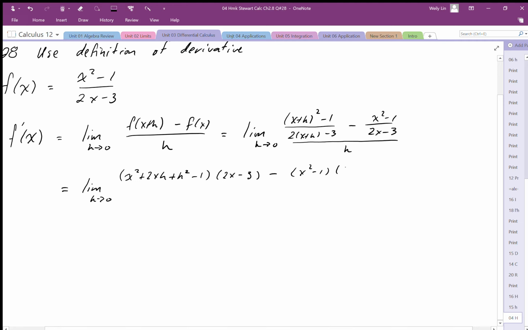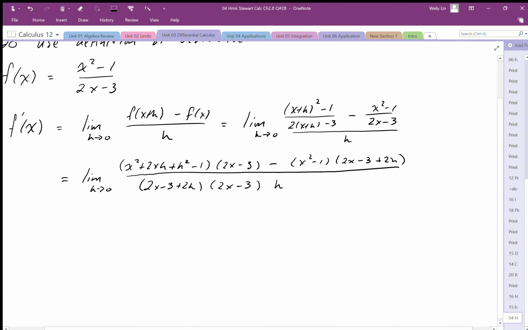Okay, and I'm going to simplify that to 2x minus 3 plus 2h, like that. Okay, and that's going to be all over the common denominator of 2x minus 3 plus 2h times 2x minus 3, and then I'm going to put the h in the denominator here.